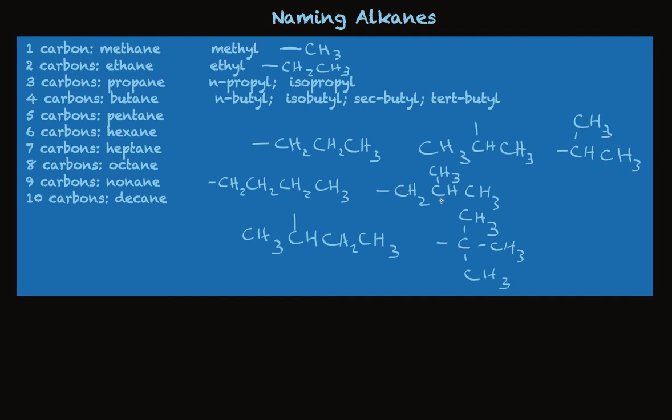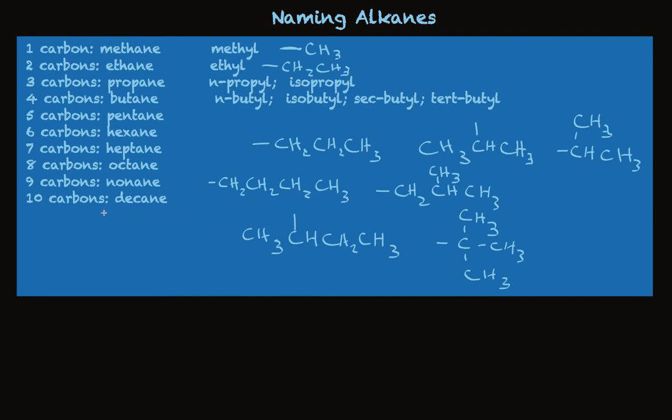All the iso compounds end in CH with 2 CH3s attached. Here's one, here's another example. A third butyl group is called secondary butyl, and that's with that attachment here. And a fourth butyl group is called tertiary butyl, and it's attached to a carbon that has 3 CH3s attached to it. So it's 4 carbons.